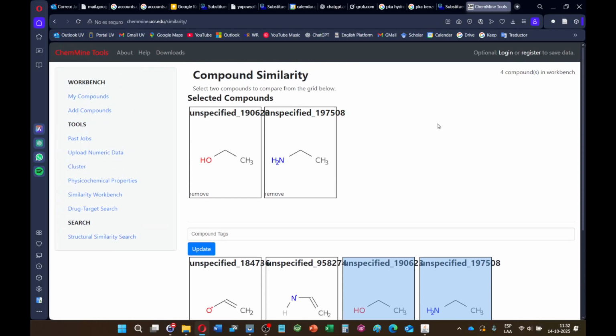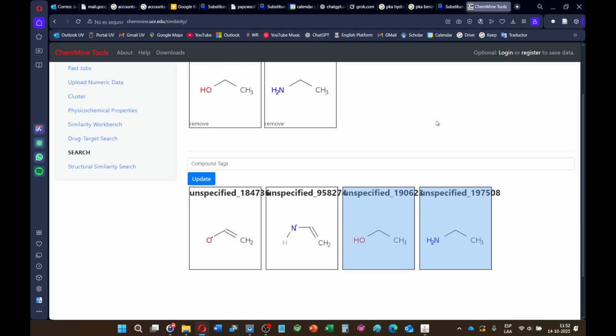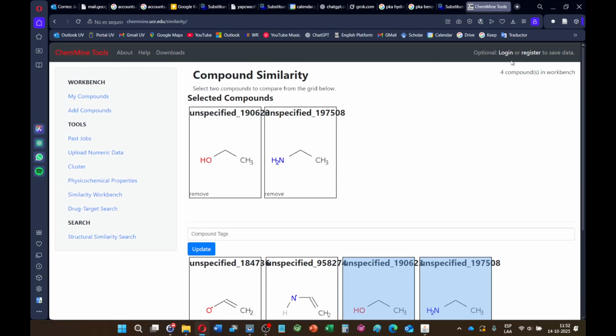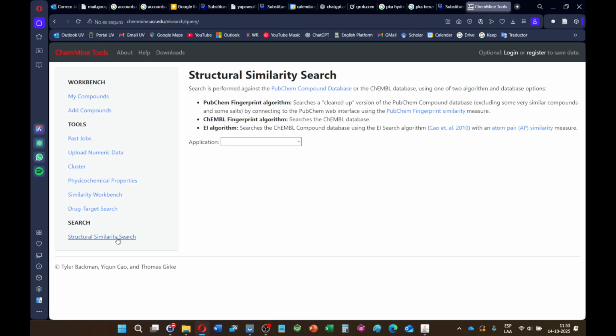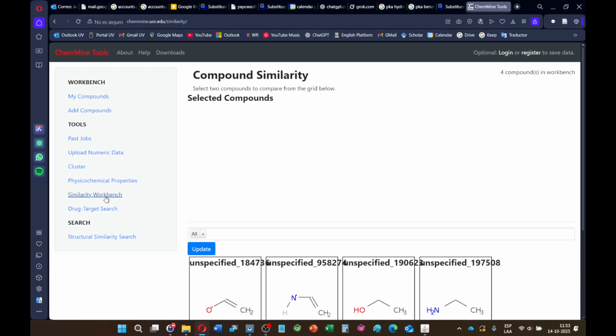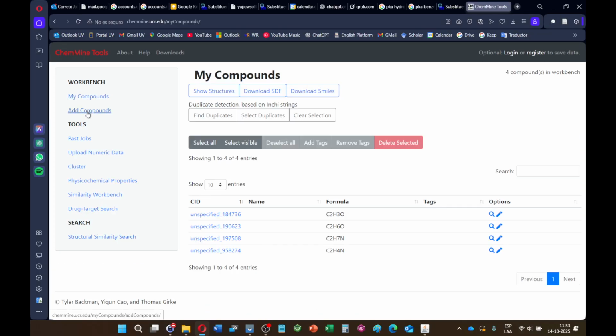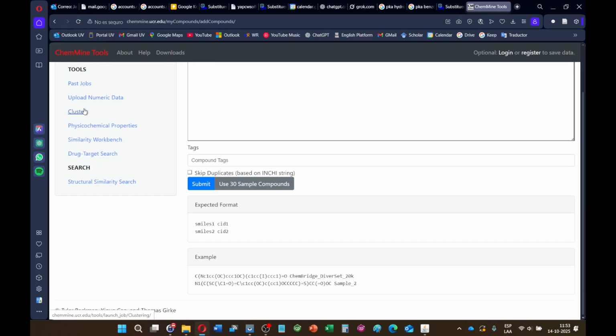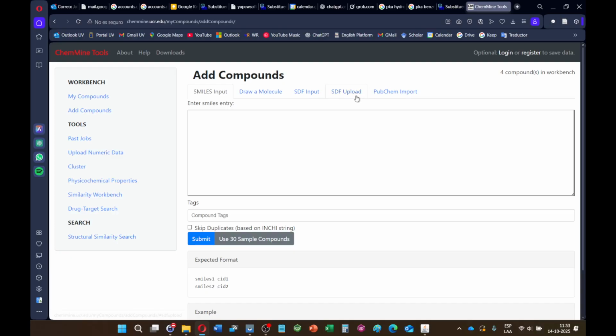I do not know why now it is not giving me the value. It says 4 compounds, and it is not giving me the value. I think it generates some problem there.